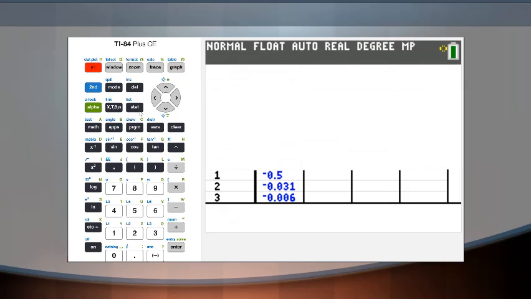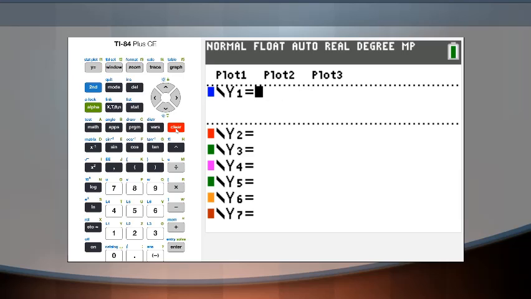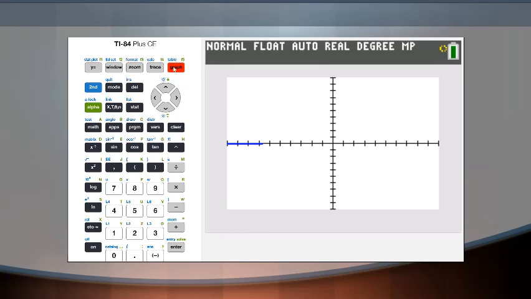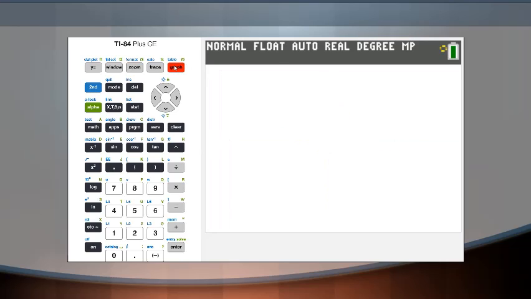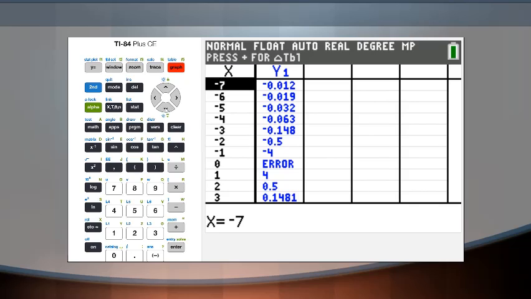All right, well, let's graph the second function that we've been asked to graph, which is 4x raised to the power of negative 3. So we got 4x caret negative 3. Again, it's going to be a reciprocal function where x is in the denominator. X cubed actually is in the denominator. Let's take a quick look at the graph here. And again, I'm going to take a quick peek at the table. Let's scroll down a little bit to the positive values of x just for the fun of it.